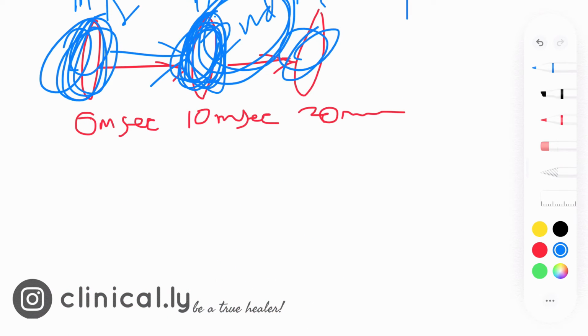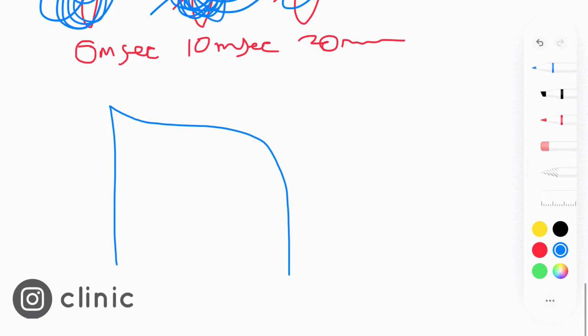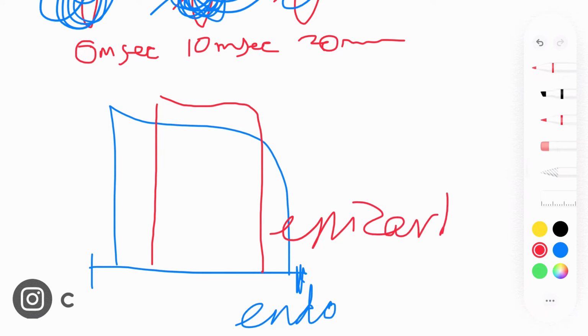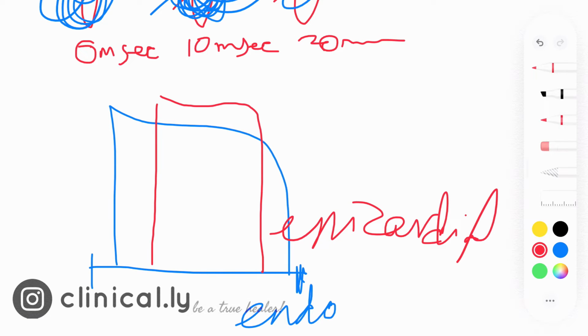One important fact is that the plateau phase and the repolarization for cardiomyocytes of the endocardium, for example, are this long. For the epicardial cell, which starts slightly later, the plateau phase is shorter. Looking at this diagram, you can get very important information.